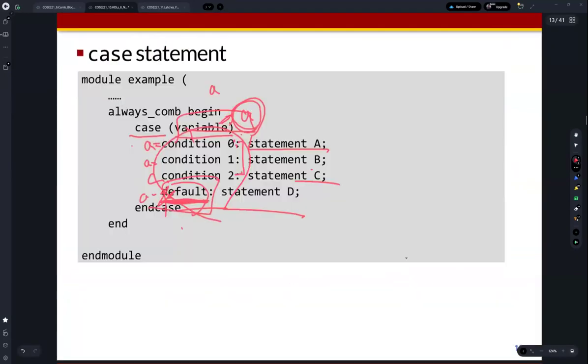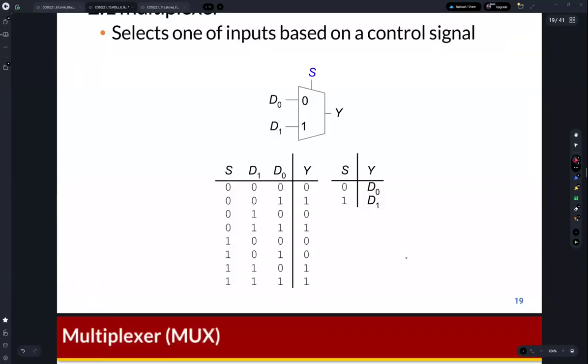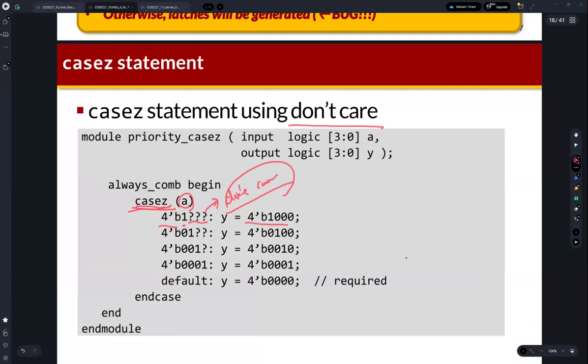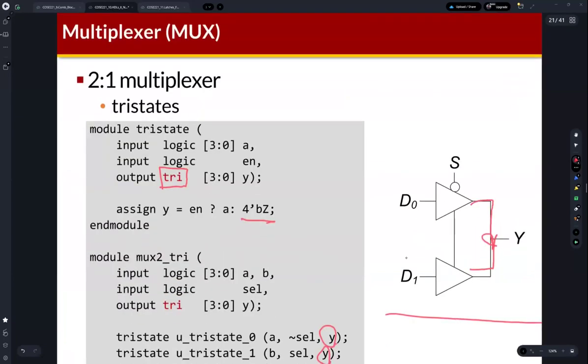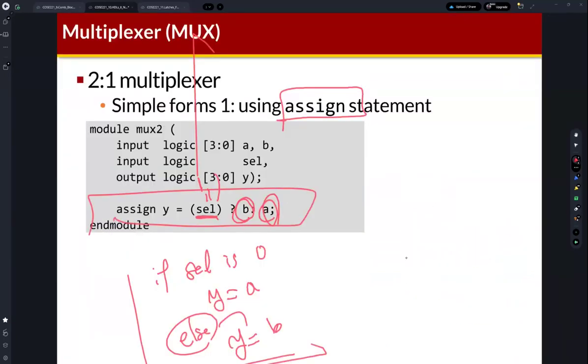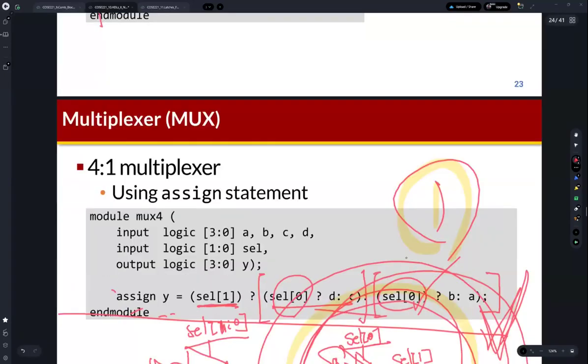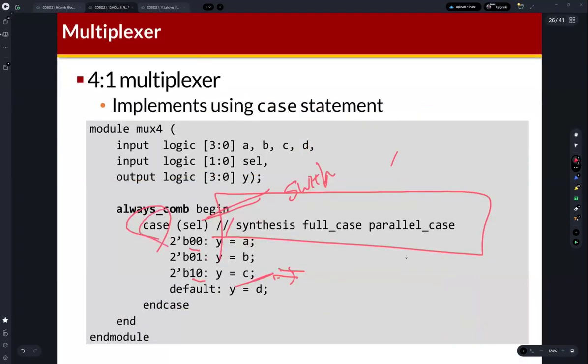So we also learned about the case statement, and based on the if else or case statement, we can implement the multiplexer, right? I recommend using the ternary operator, because with the ternary operator we can easily implement a two-to-one multiplexer using only one line of statement. But for the four-to-one multiplexer, we can use the case statement.